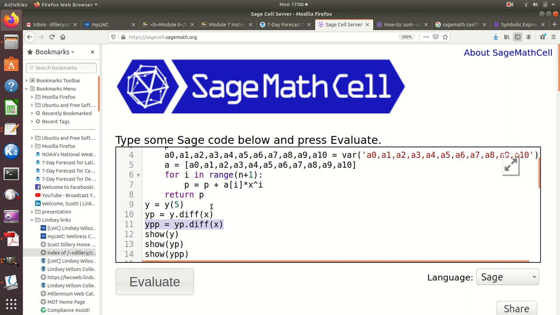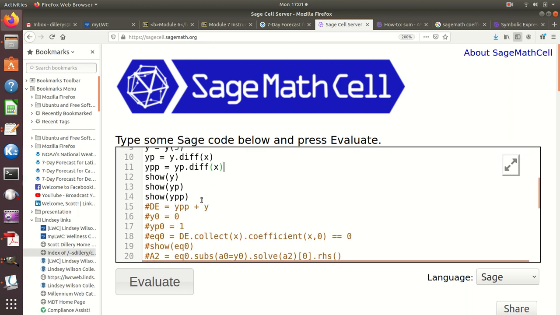That's what I have to do. I looked at trying to use the sum formula and so forth that they have in Sage, but it doesn't work well with this a of I thing here. So this is what I did. It seems to work pretty well.